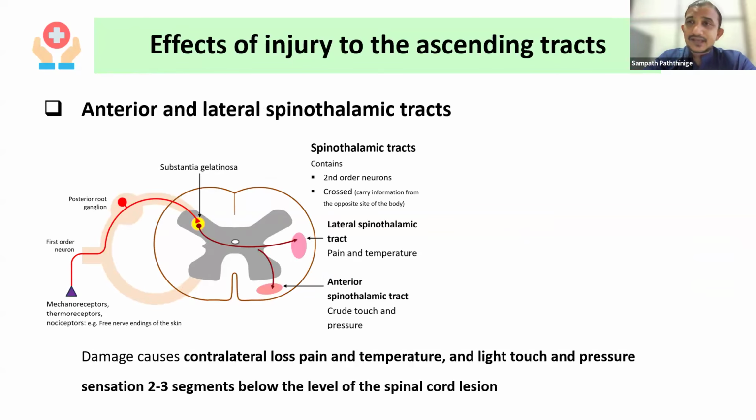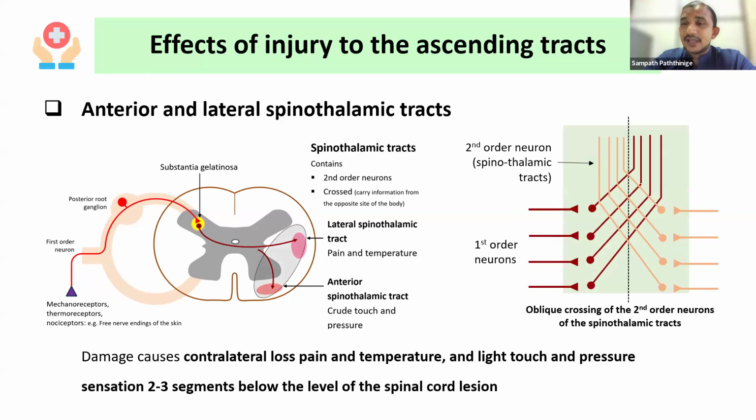spinothalamic tracts. You know the spinothalamic tracts carry information from the opposite side of the body. There is a special thing about the spinothalamic tract: the second order neuron is not crossing at the same level. They are crossing across a few spinal cord segments. So what happens when there is a spinal cord lesion?